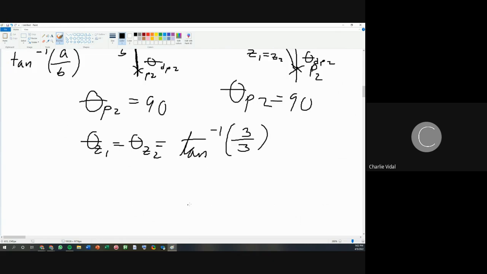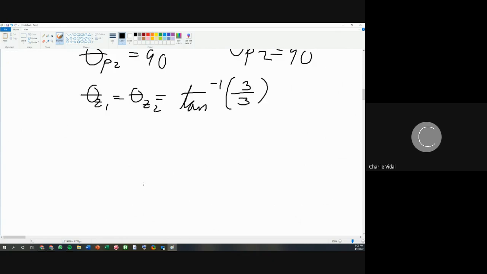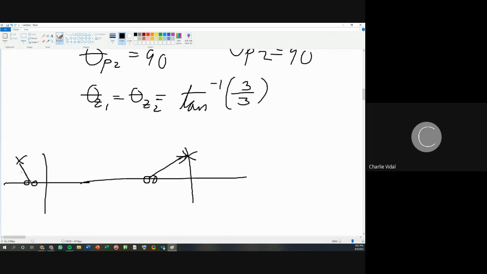One other thing I want to mention, let me redraw the graph again. So we know that the angle is like this, then you use this equation over here, tan inverse of 3 over 3. Let's say it actually looks like this, and this angle becomes like this. You would then use 180 minus tan inverse of 3 over 3.